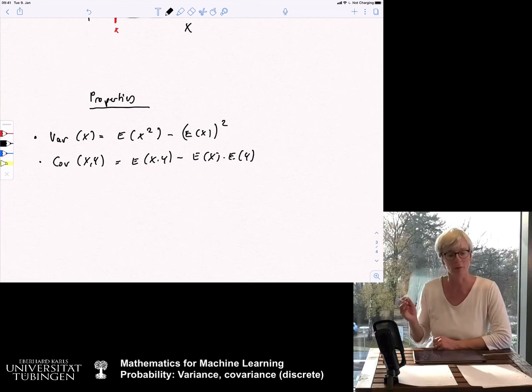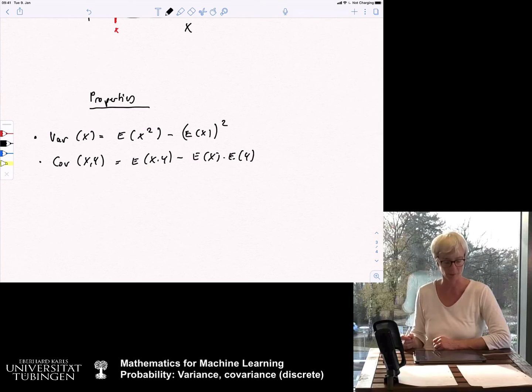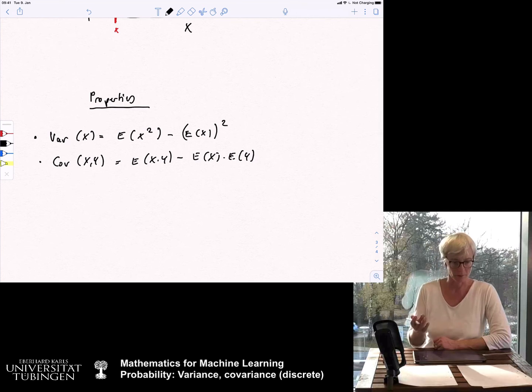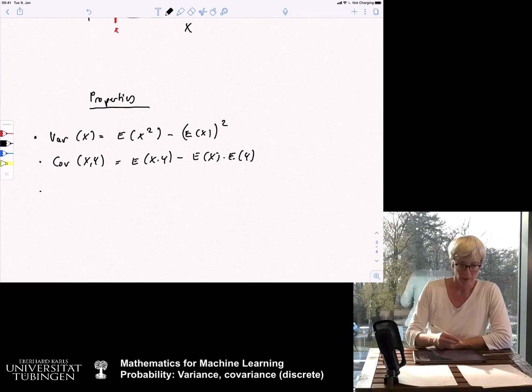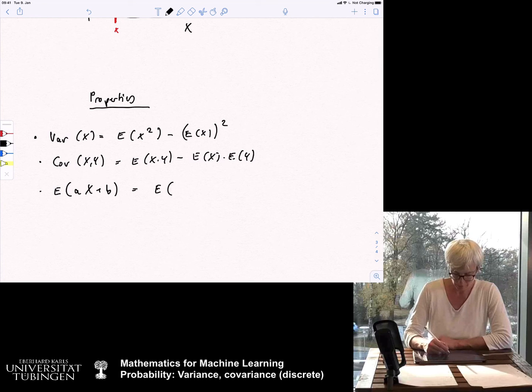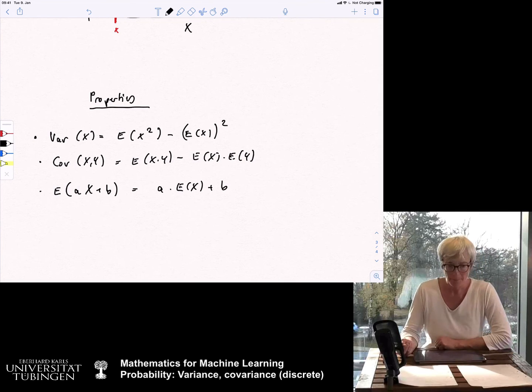Sometimes we still get a number that is 0, but we don't necessarily have to. Then, linearity of the expectation I already covered, but let me write it down once more: the expectation of a times x plus b is a times the expectation of x plus b.